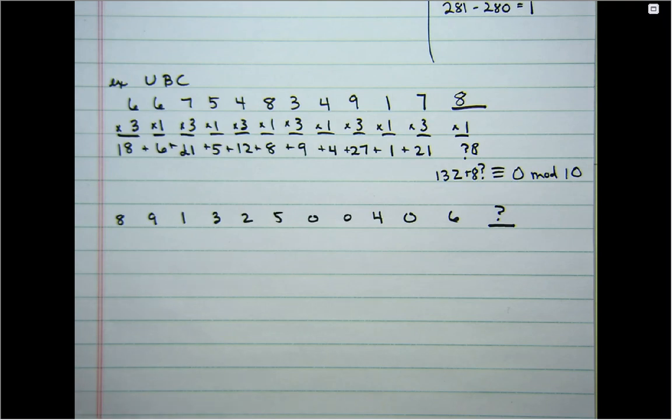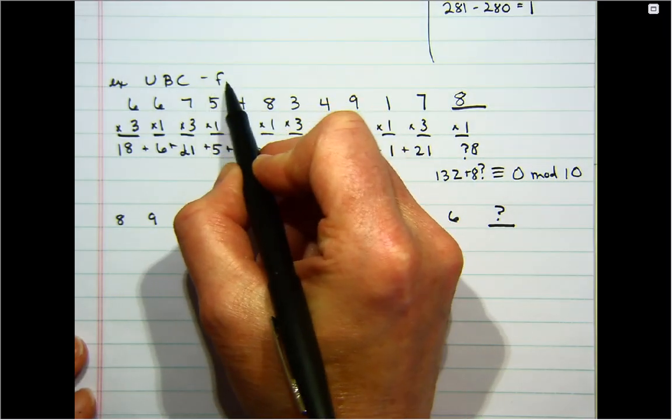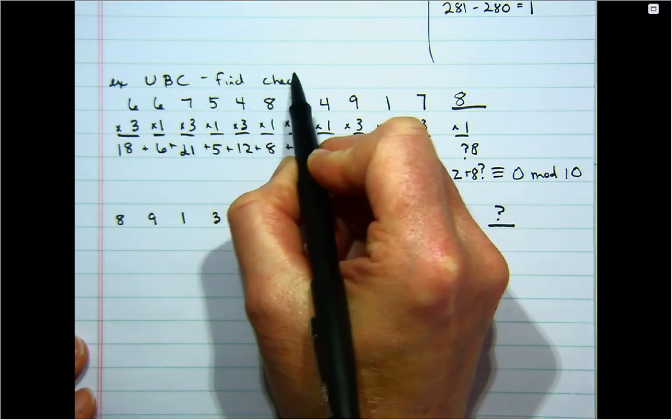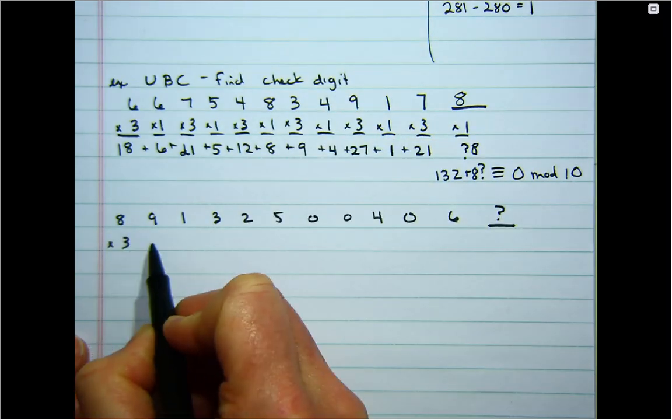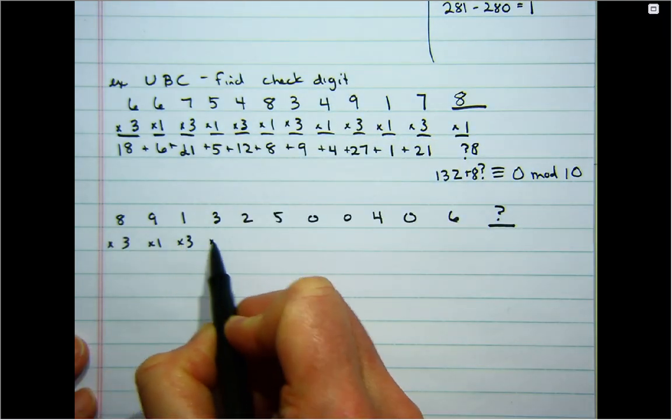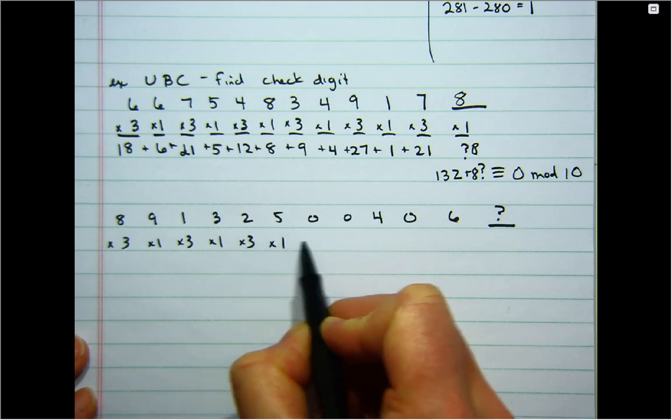Okay, so this is again something I would ask you to do on a quiz, to take a universal barcode and find the missing check digit. So times 3, times 1, times 3, times 1, times 3, times 1.